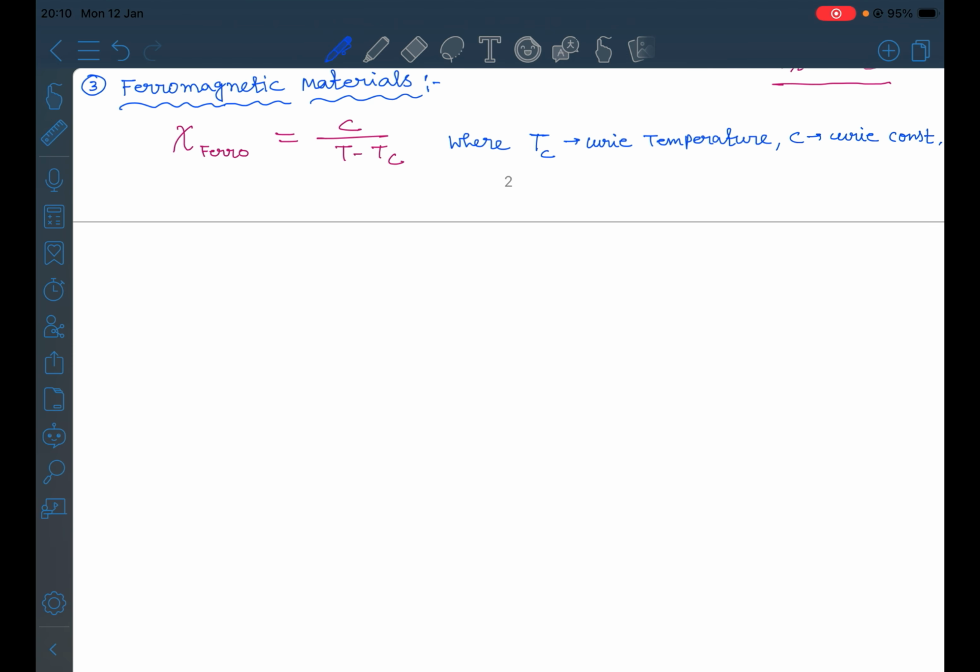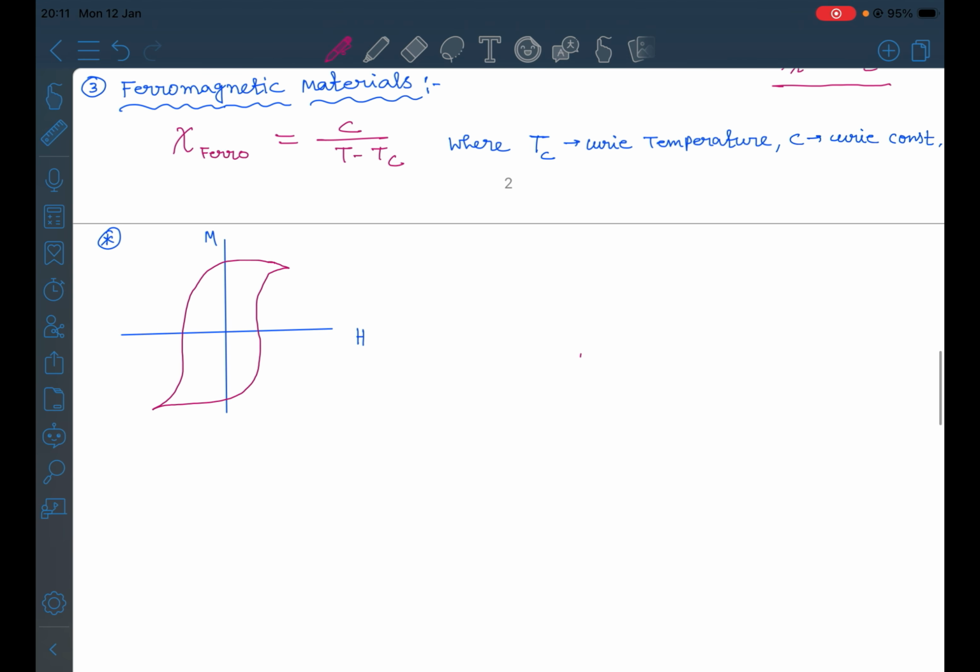Now we draw the graphs, which look like a hysteresis loop, like this.